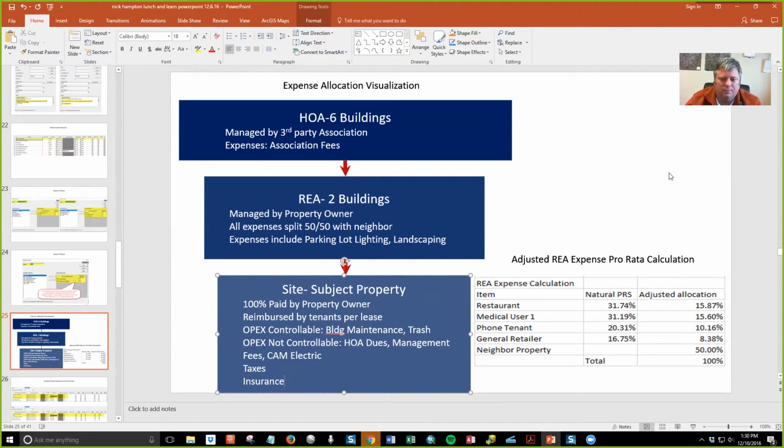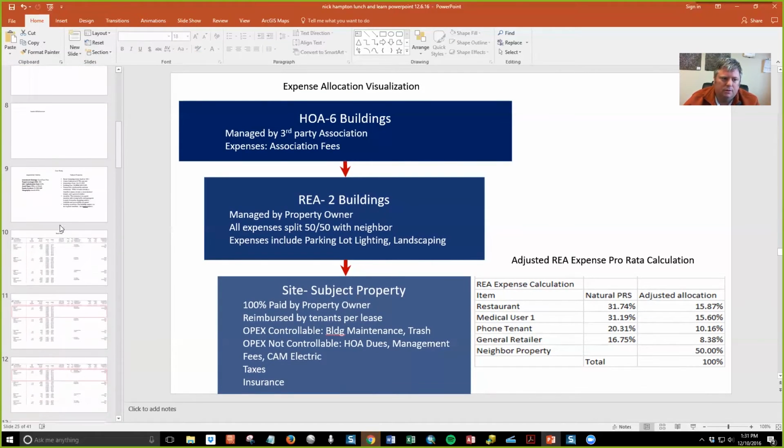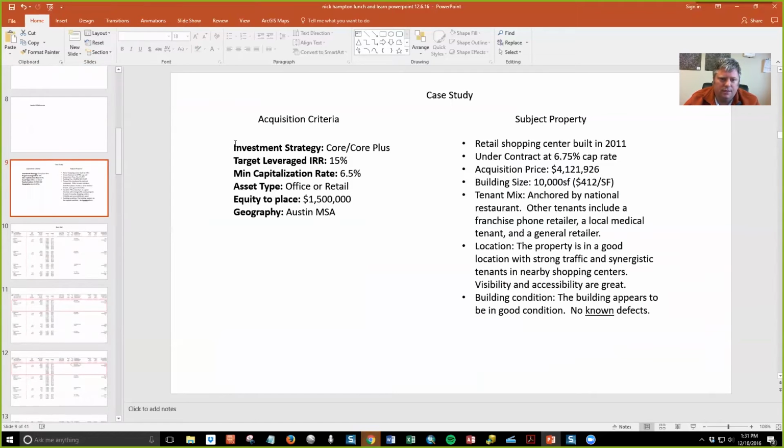Okay, so this is important because if you're buying this property, you need to know what it is you're getting yourself into. So if we went back to the asset criteria, if you're the investor, you said core plus.